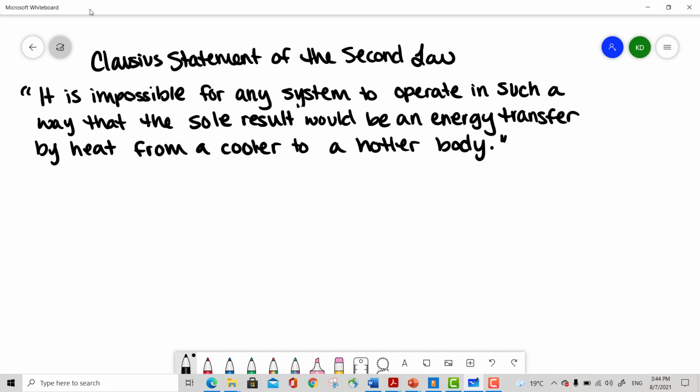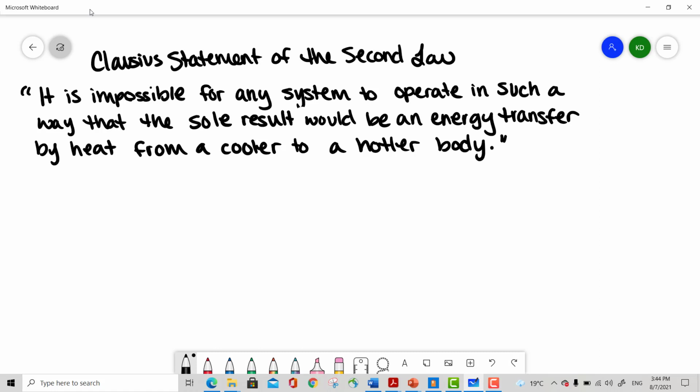Well, we need electricity. So we know that 100% of the work going into that refrigerator is not going to just be from cooler to hotter. We need an external force coming in to move that energy, right? Because what happens when you unplug the refrigerator or your AC? It stops cooling. So it is not the sole result.